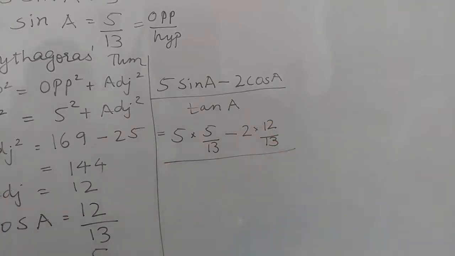In the denominator tan A is 5 by 12. This way substitute value, 5 5s are 25 by 13 minus 12 2s are 24 by 13. In the denominator 5 by 12 as it is.